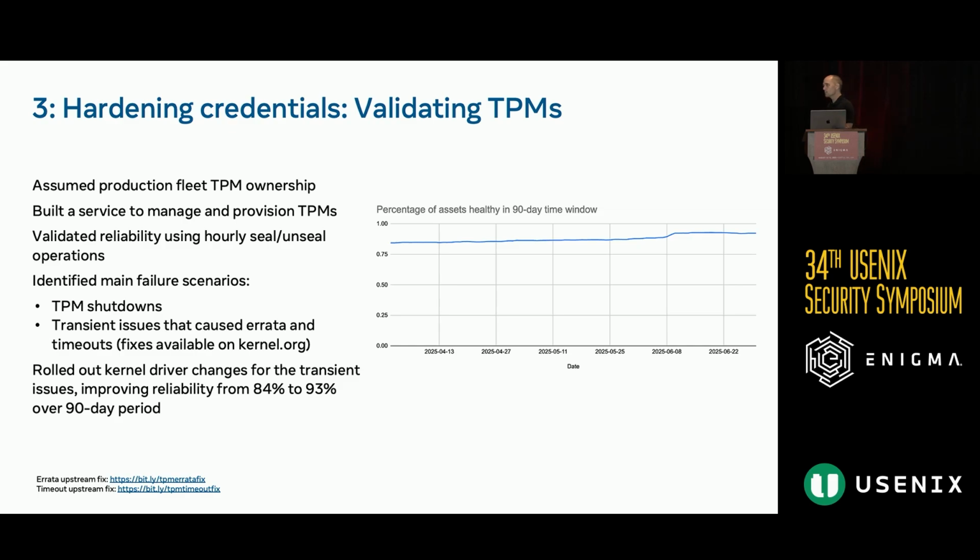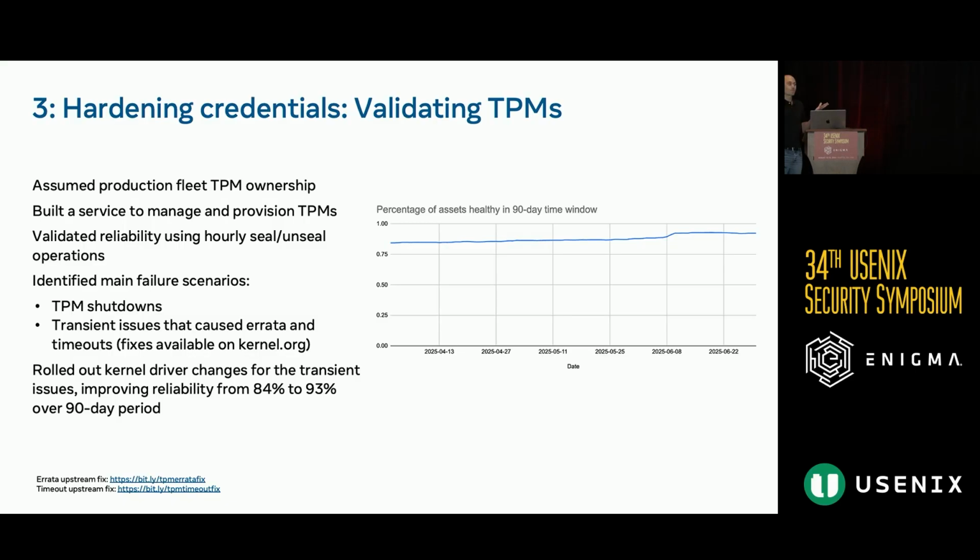We also needed to prove their reliability, that the TPMs could actually be used in any form. So we built a reliability service that performs on an hourly basis a periodic seal and unseal operation using a key that was generated during the provisioning process against arbitrary data. And then we measured this over time, specifically 90 days.